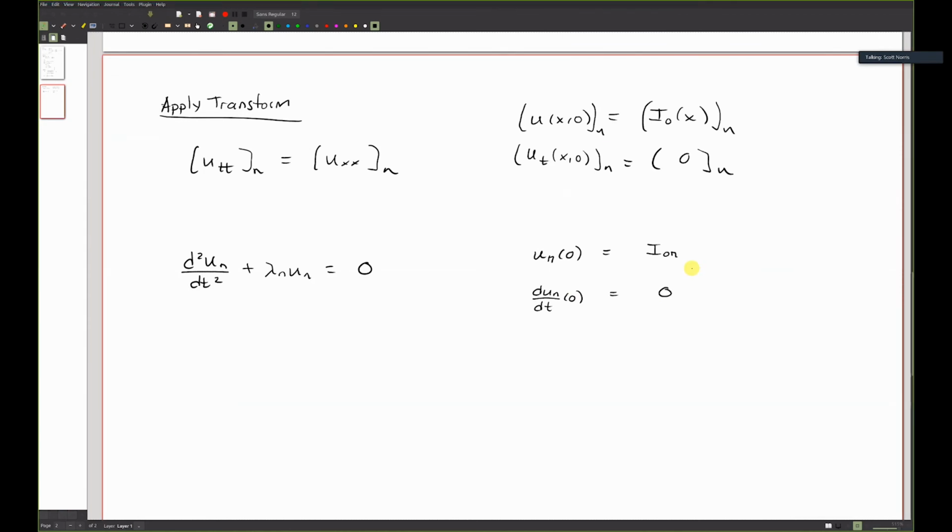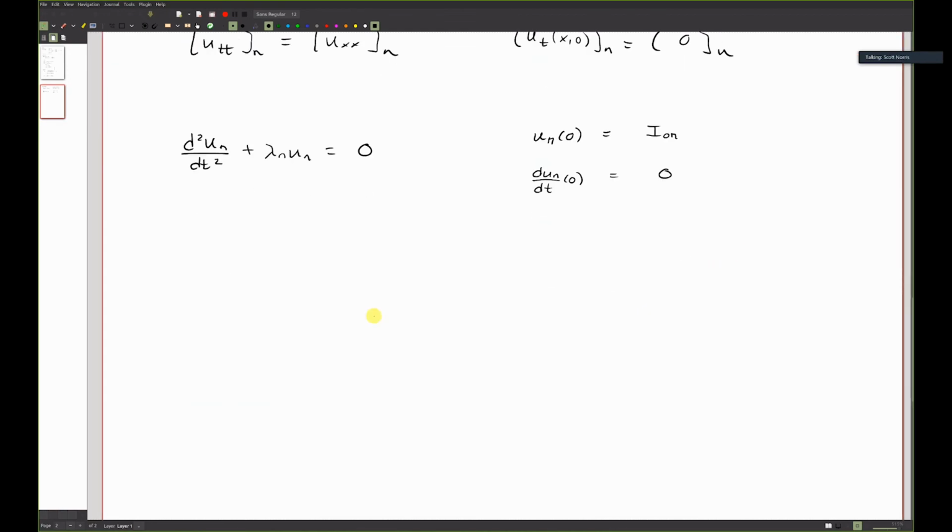All right, so we end up with a very simple ODE. Second order ODE, no forcing function, one non-zero initial condition. This is pretty straightforward. I can solve this since I've already found the values of lambda n. They're positive. I know that this is going to be sines and cosines in time.